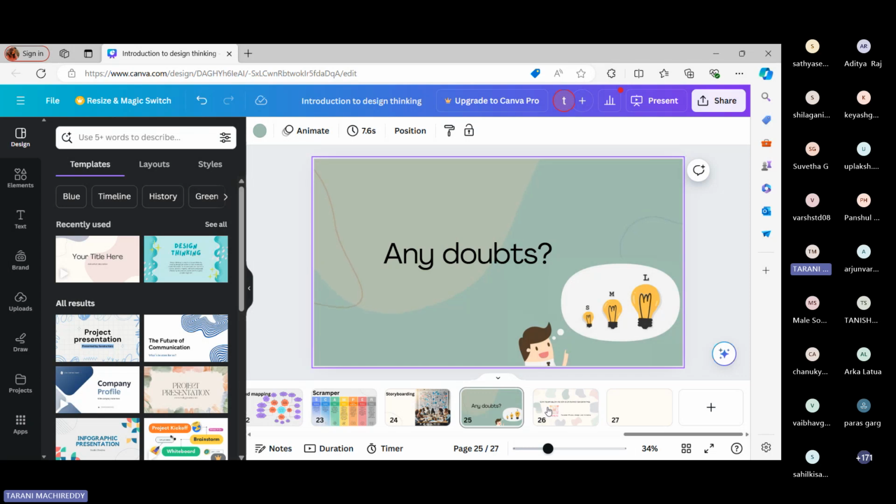We connect each and every solution in that mind map. Whereas in storyboarding, we go step by step. We visualize everything by pictures in a cinematic way.